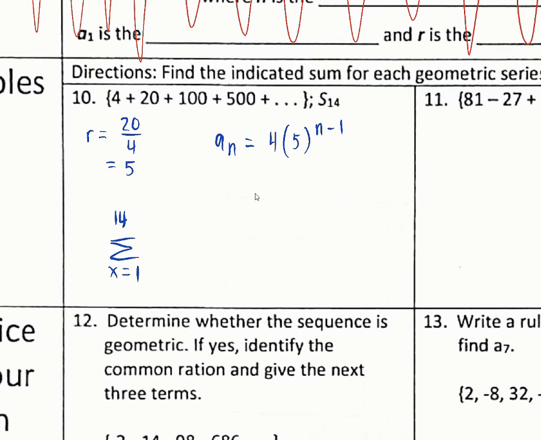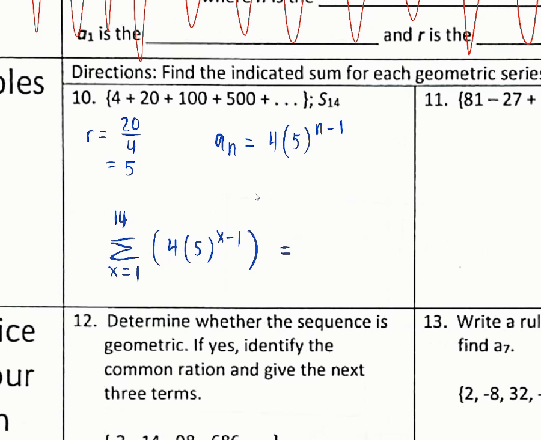So you're literally going to go, and in those parentheses that they provide, you're going to do 4, open parenthesis, 5, close parenthesis, raised to the x minus 1. And it will do all of the summation for you. So how do you type it in?